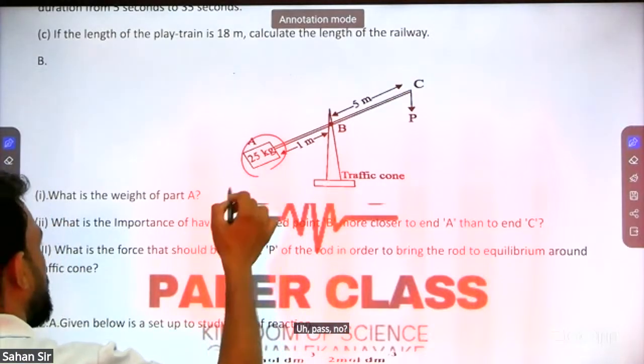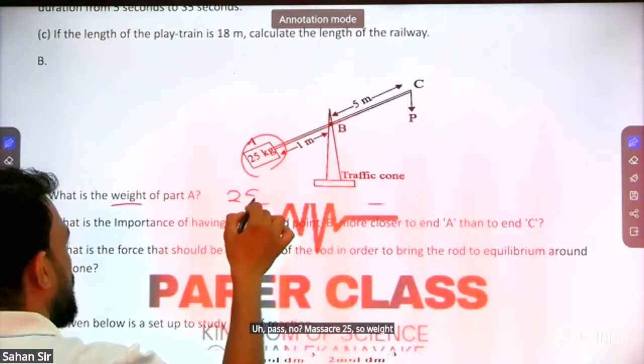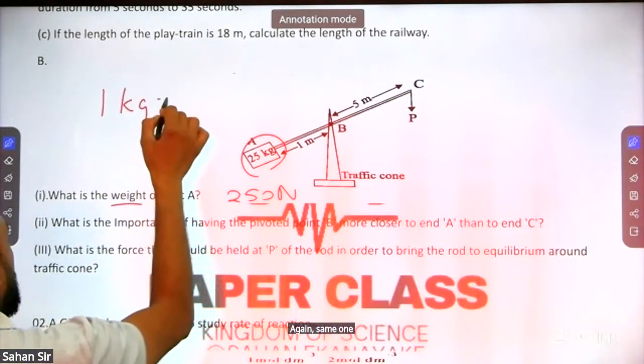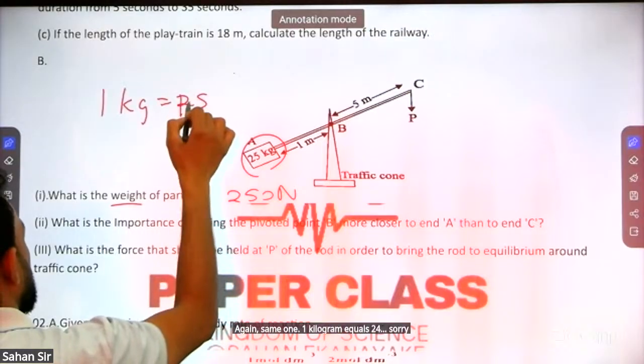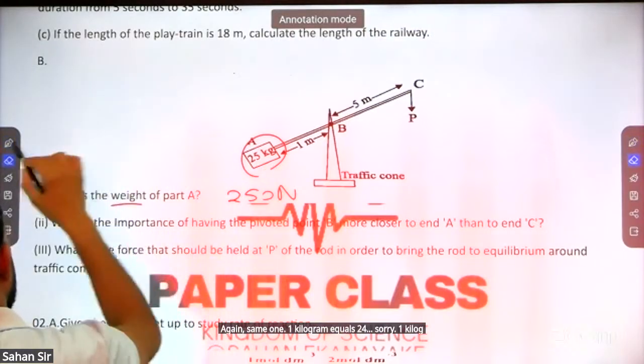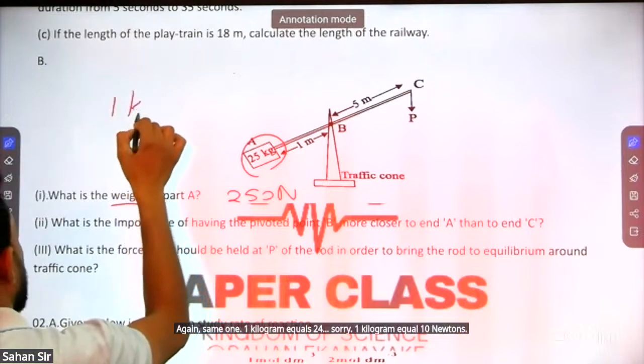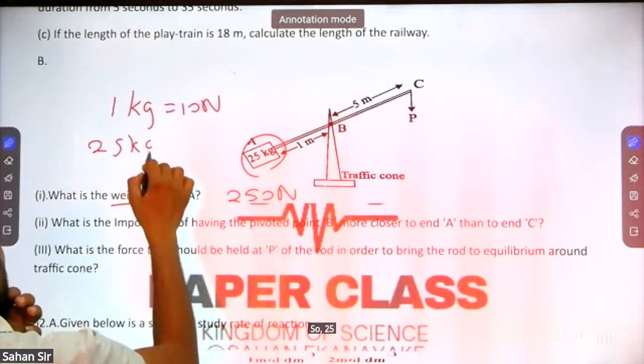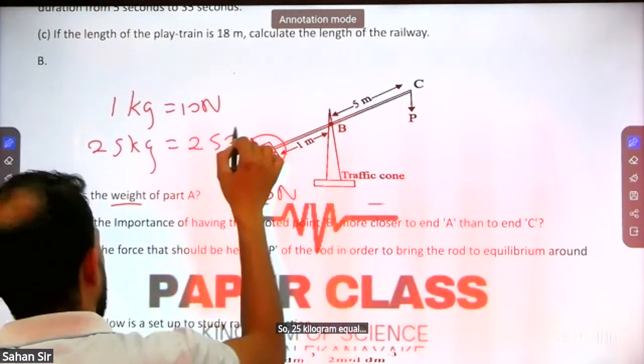Right, mass 25, so weight 250 newtons. Again, same one, no? 1 kilogram equal 10 newtons. So 25 kilograms equal 250 newtons.